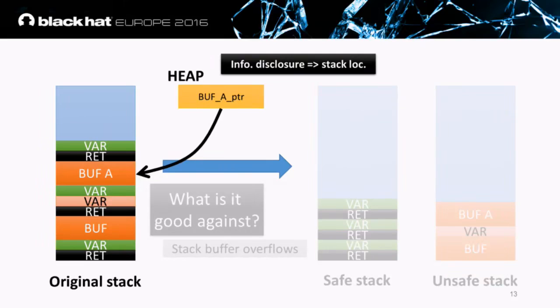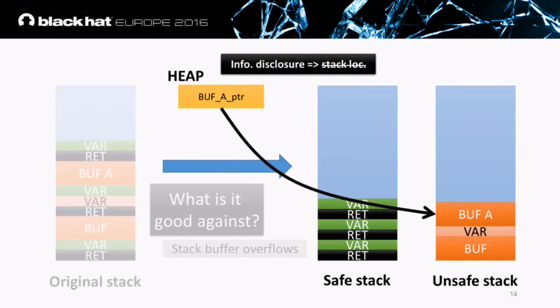The stack should actually be hidden from the attacker. And if the attacker can find the stack, it also needs some arbitrary write capabilities to then overwrite the values on the stack. So information disclosures, that's the thing.